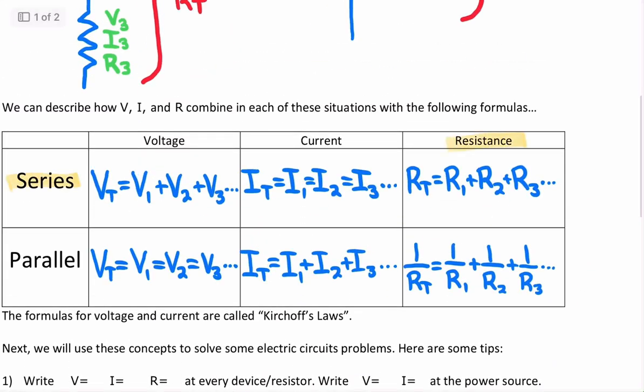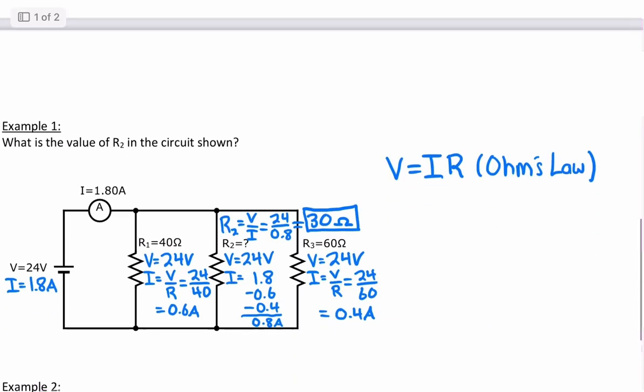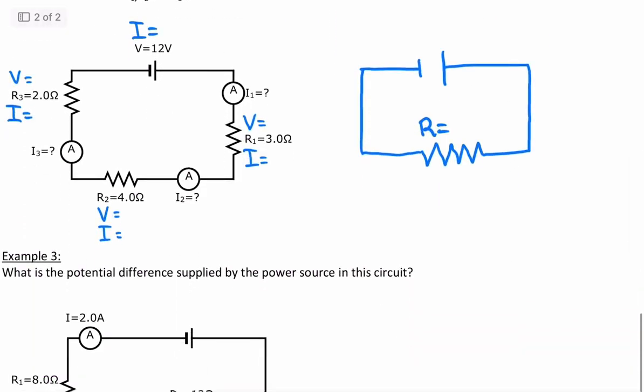In series, resistances all add together. So the total resistance here is going to be 3 plus 4 plus 2, which is 9 ohms.